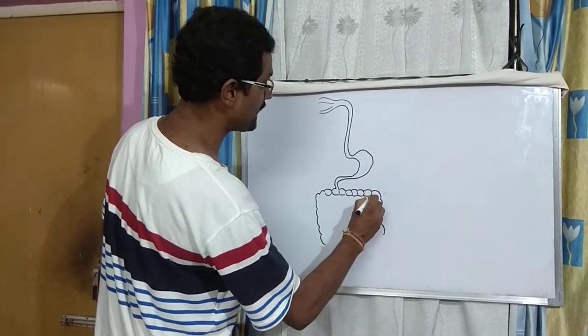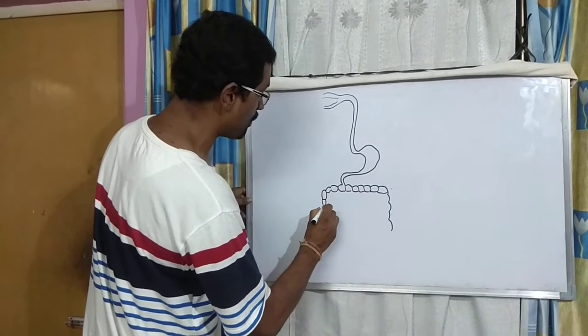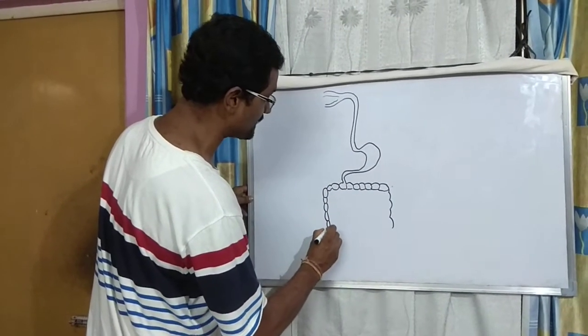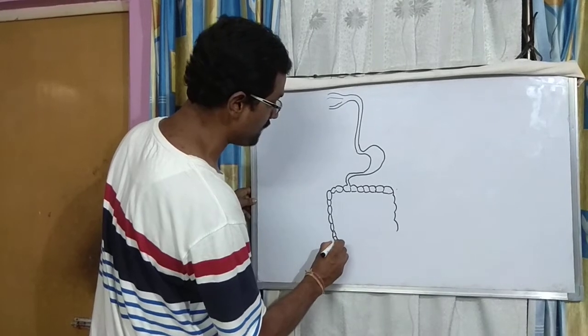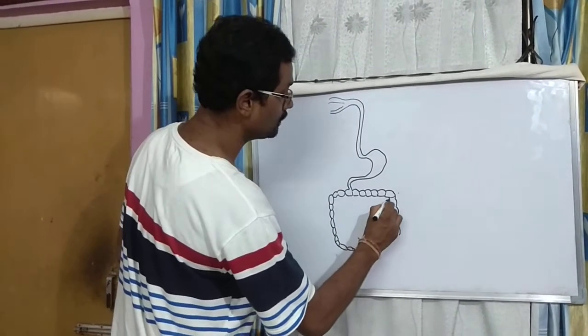So, this is the diagram of an alimentary canal that I have drawn last time. Now also I am drawing it so that you can understand it better. And the diagram makes everything perfect, understandable.